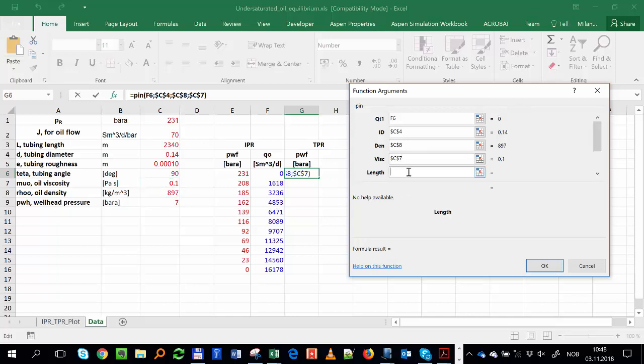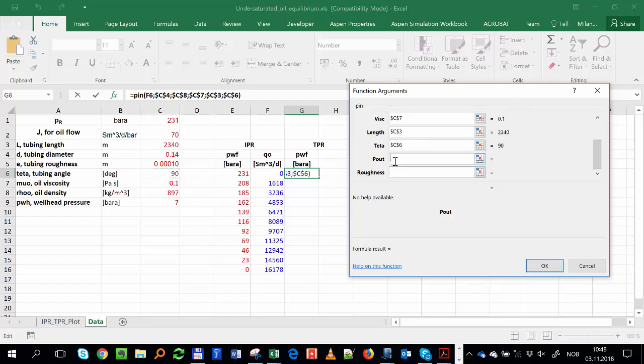Length of the tubing, length is here. I block it, C3. And then I have to be careful. I have to continue scrolling down. Theta, the angle in degrees, the angle from the horizontal. This well is vertical, okay, tubing angle. So I have 90 degrees. I block it.